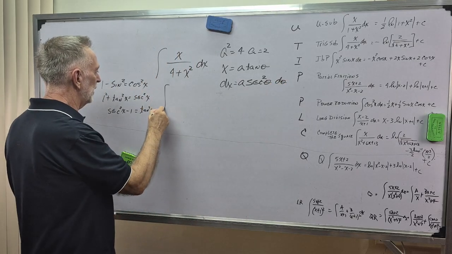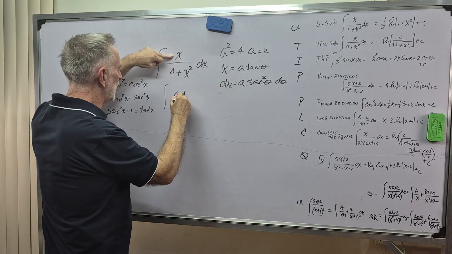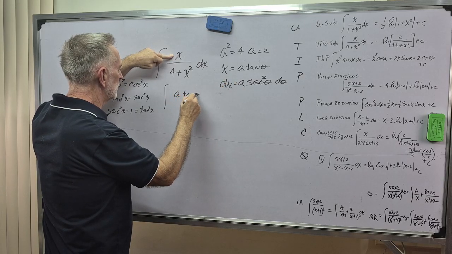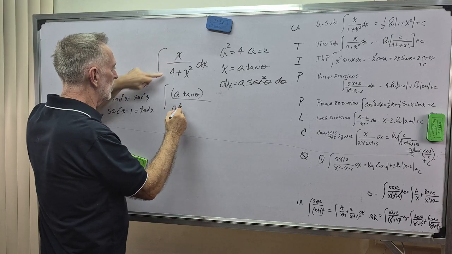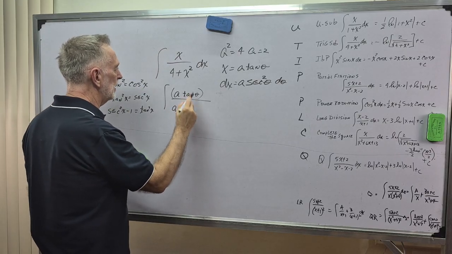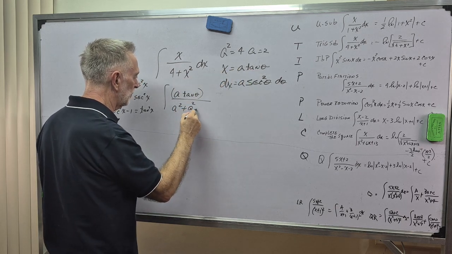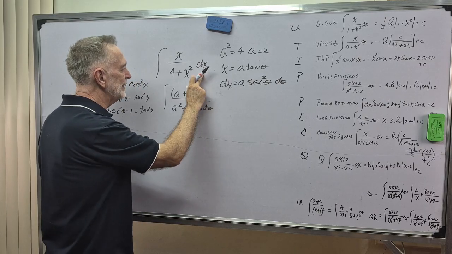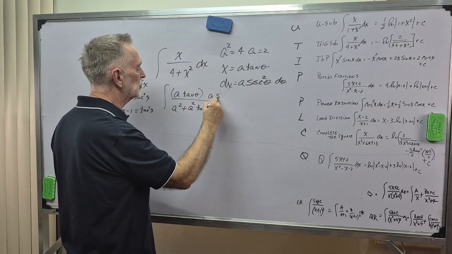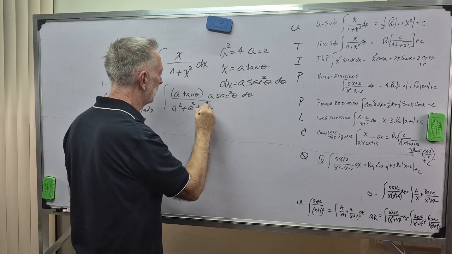Okay, so I have the integral of x, which is a tangent theta, over a squared plus a squared tangent squared theta. And then dx was a secant squared theta d theta.